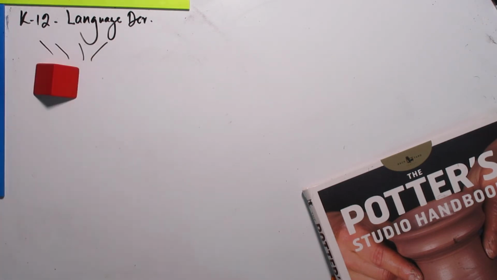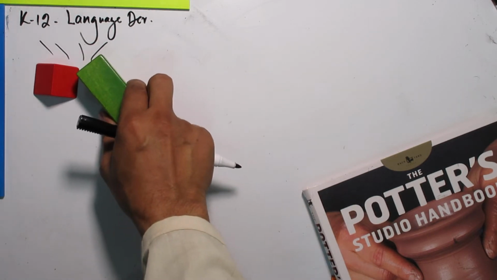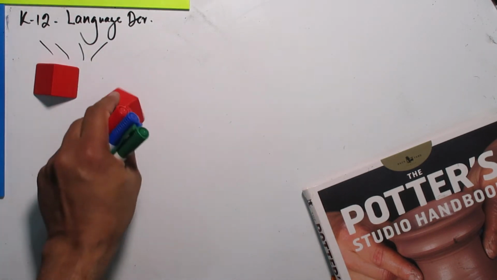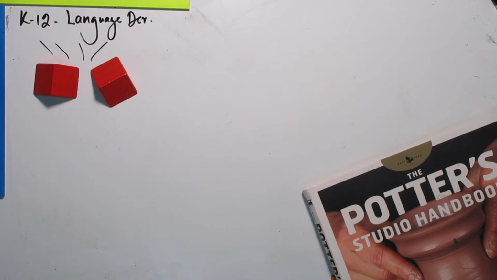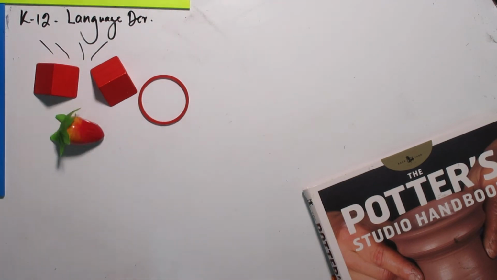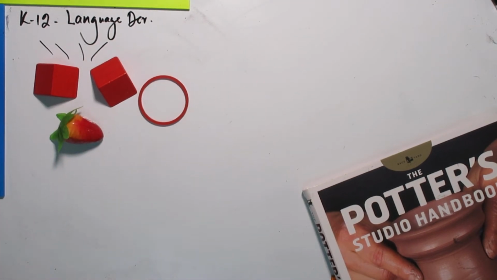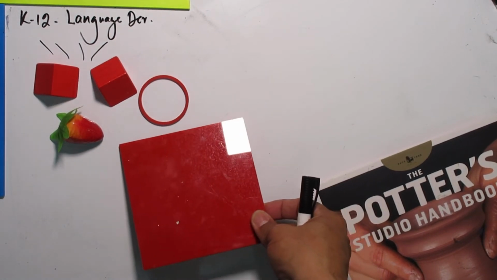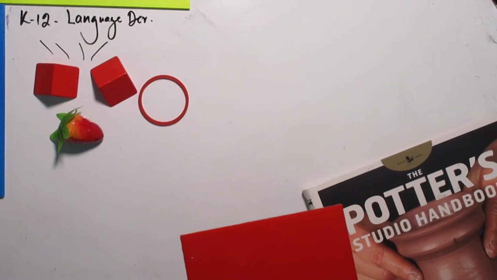So I have to show her something. You see, this is red, and this is not red. Yeah, this is also red, and this is red. Yes, this is red. Now if the next thing comes in and this is red or not red, the child has discovered the pattern.